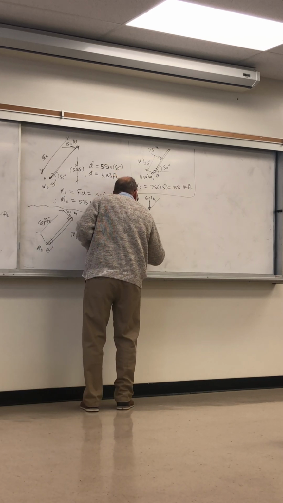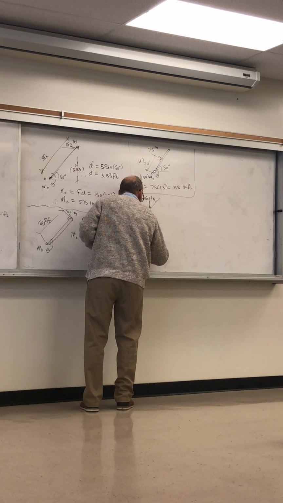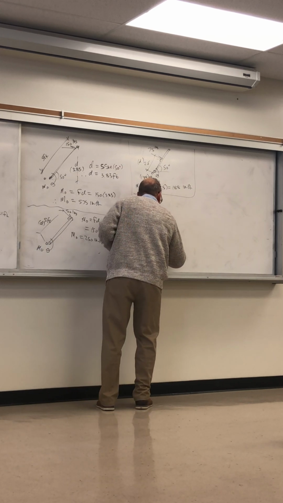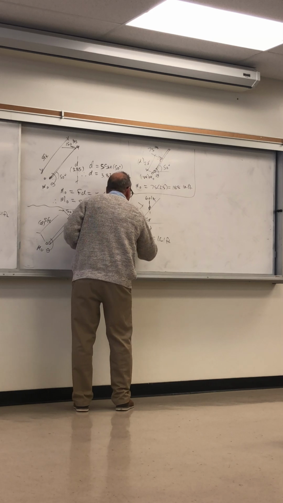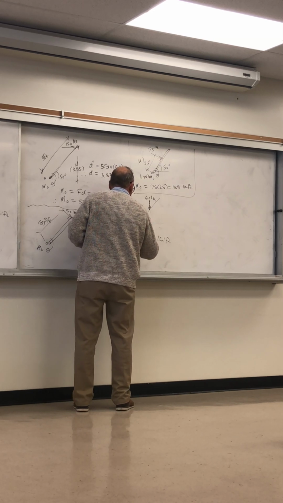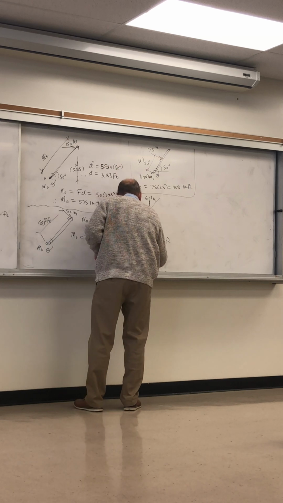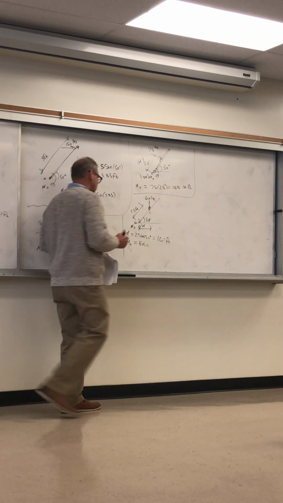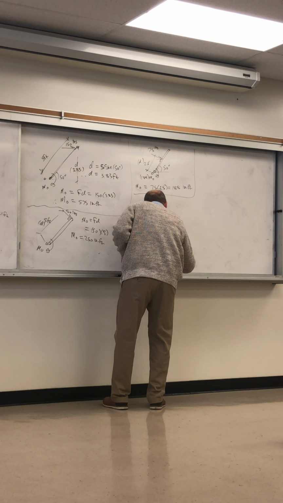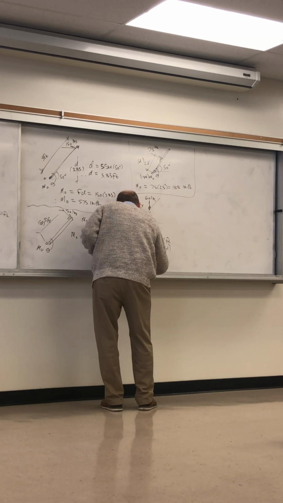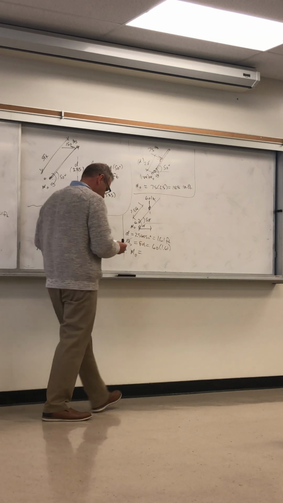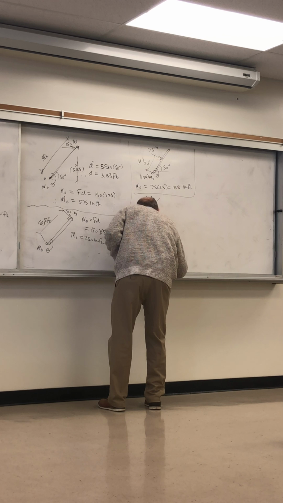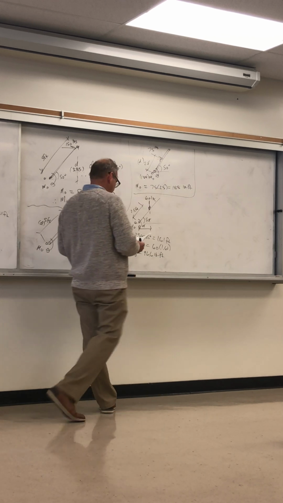D is 2.5 times the cosine of 50 degrees. That's 1.61. And then M sub O, this being O, is F times D, which is 60 multiplied by that perpendicular distance. 60 times 1.61. So that's 96.6 pound-feet.